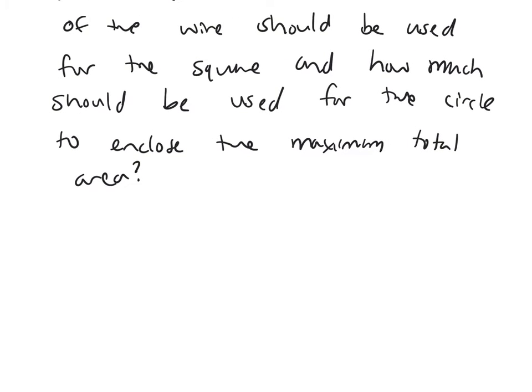All right, so we're using some wire and we're gonna make a square. So let's just go with X for being one side of the square. Well, then the other side is also X. And then I'm gonna make a circle. And for a circle, all I need to know is the radius, R. So let's add up the area here.